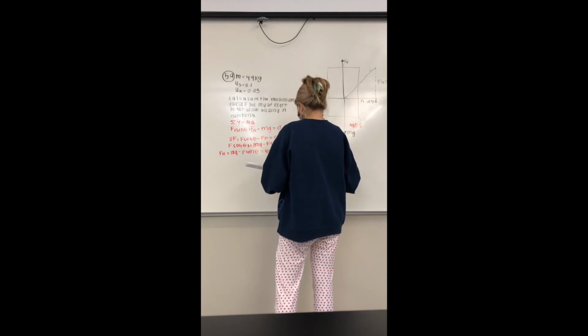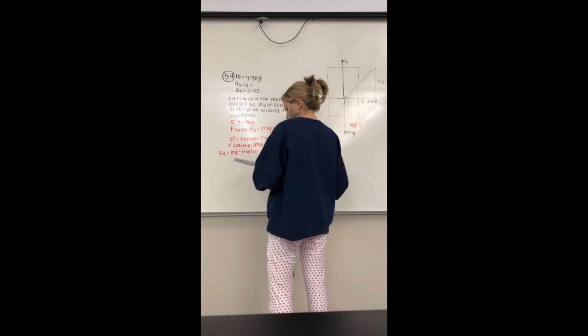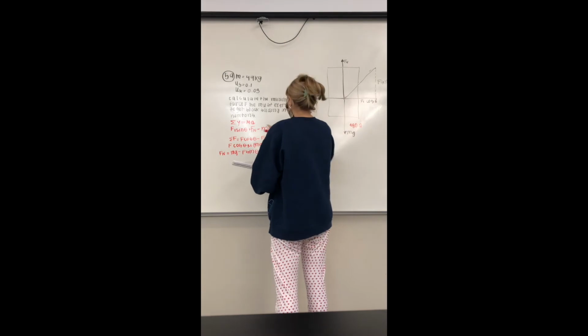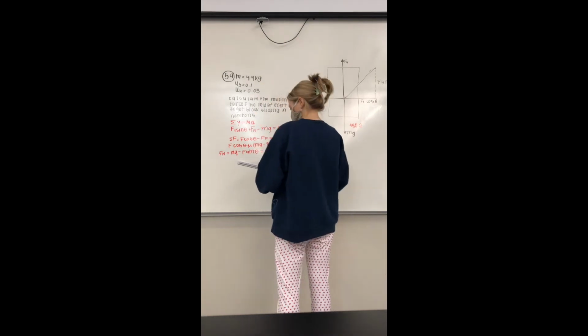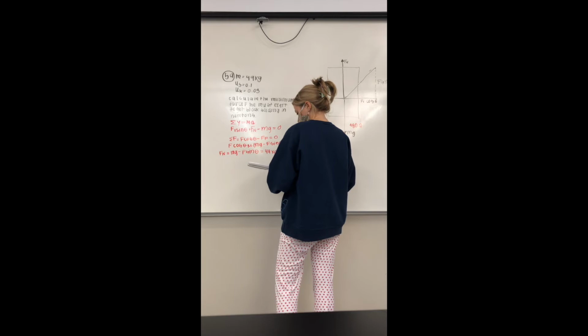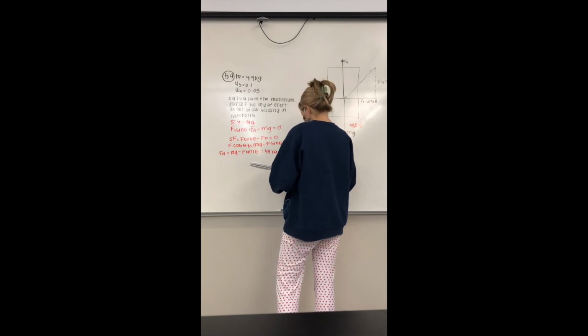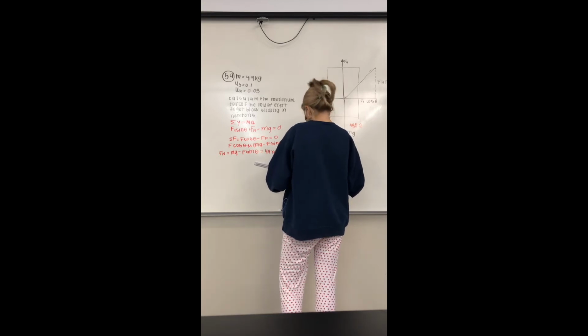And then we plug in our numerical values. So we do mass, which is 49, times gravity, which is 9.8, so we get 480.2 minus 0.4226 F.